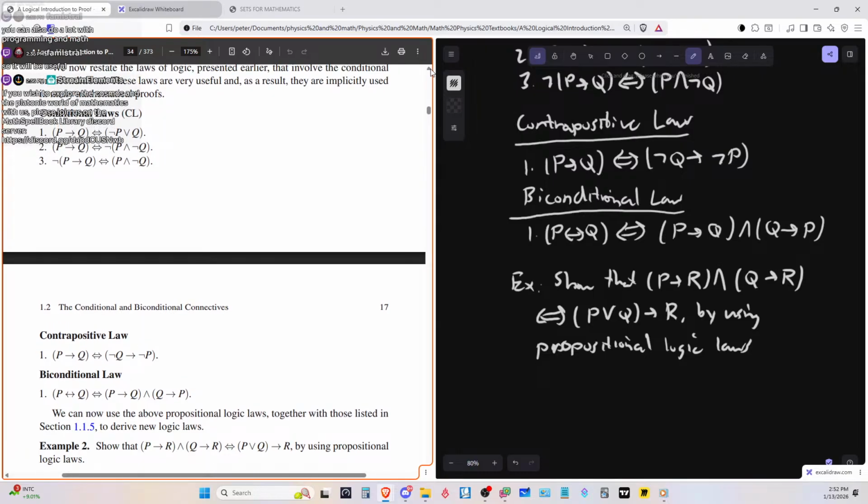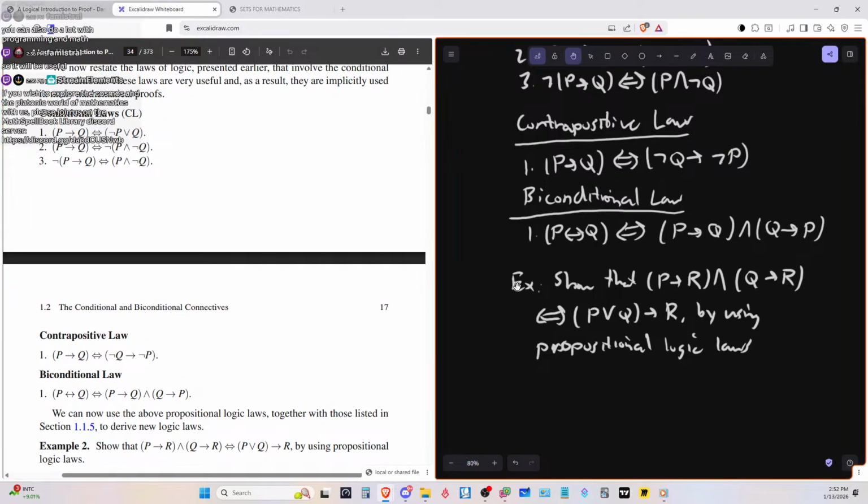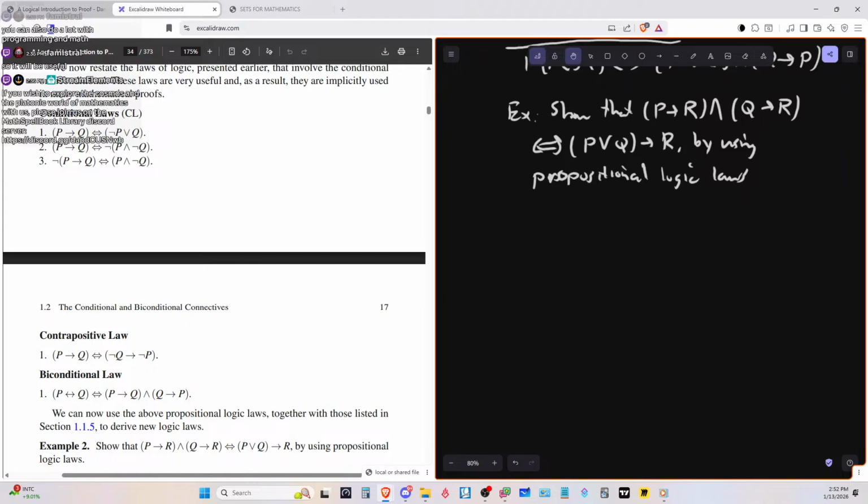Yeah, I think we got it there. Okay, show that P implies R and Q implies R if and only if P or Q implies R. Use the logic laws.